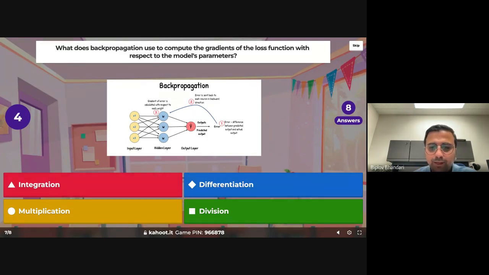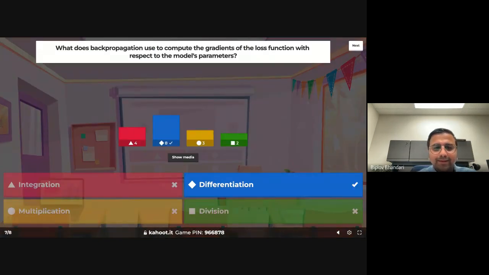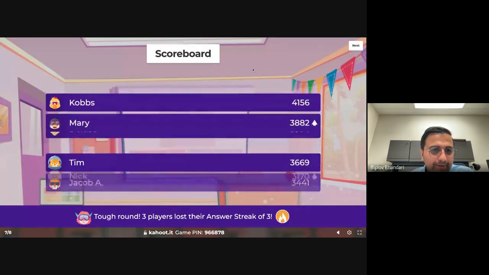Or do we do division? Yes, so we use differentiation. We talked about the chain rule of differentiation. Linear algebra is all that's applied when the back propagation is going.